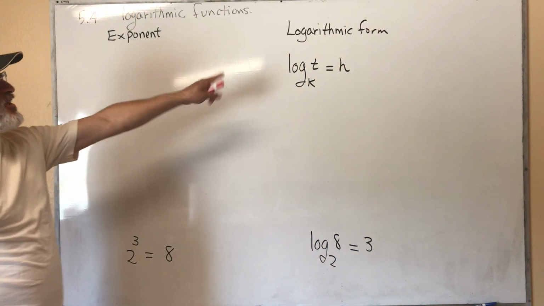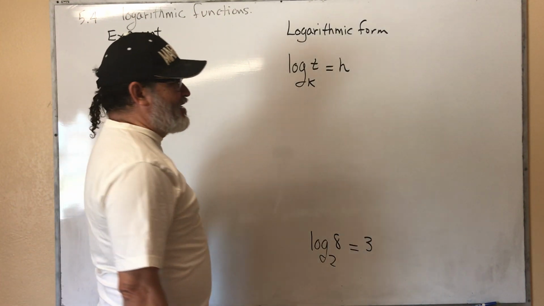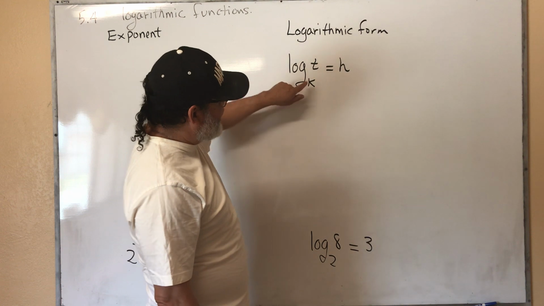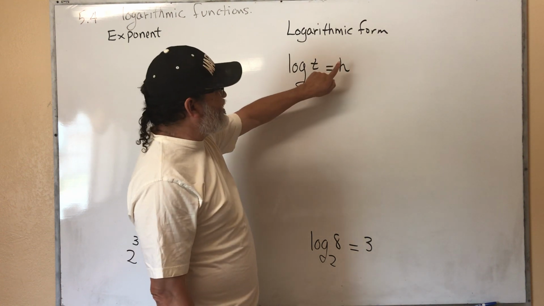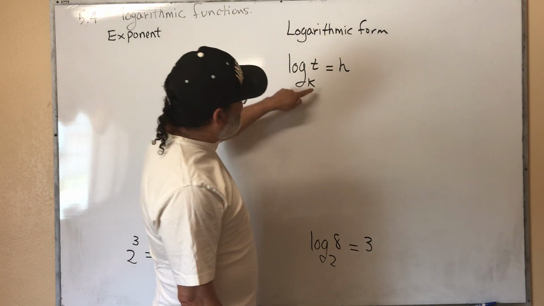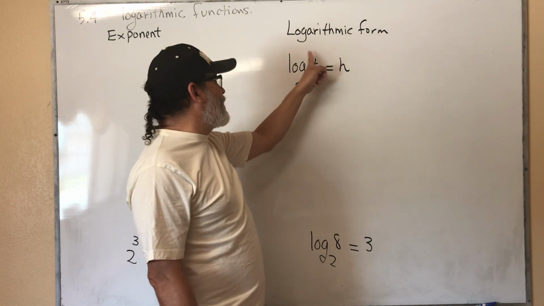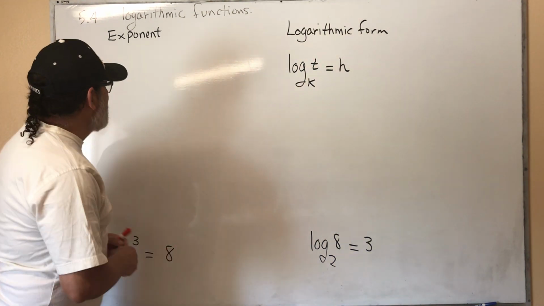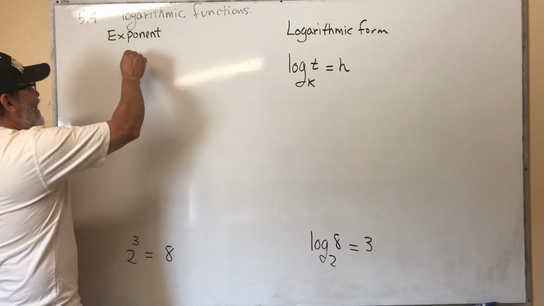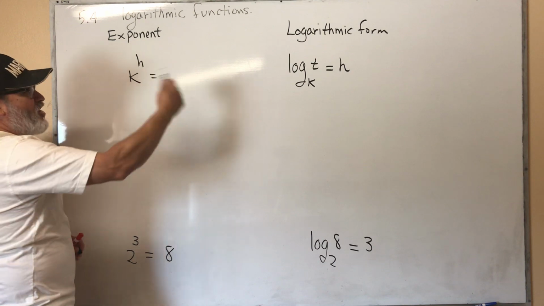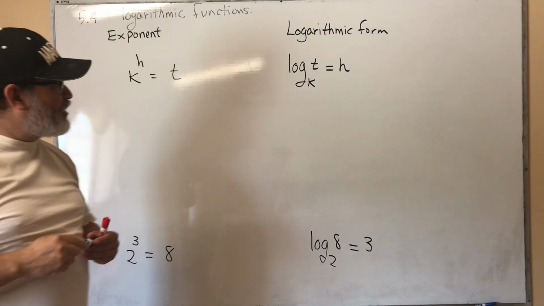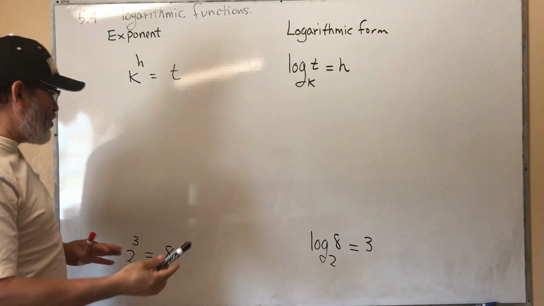Can you express this exponentially? Sure you can. This is the base, this is the power, and that's the argument. This base to this power gives you the argument. So k to the power of h gives you the argument t. There you go. So you can go back and forth.